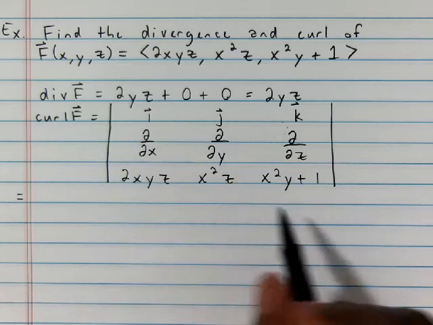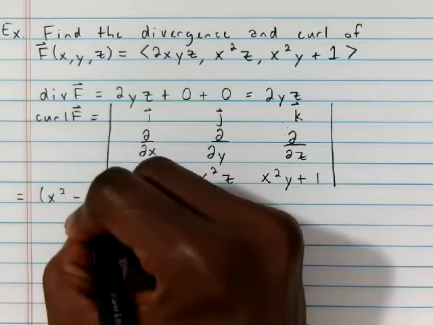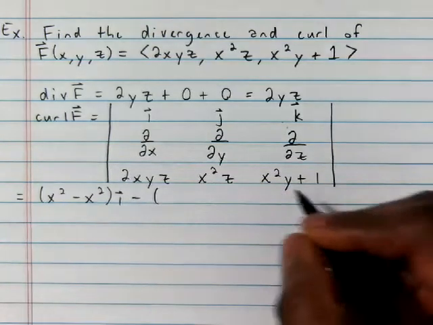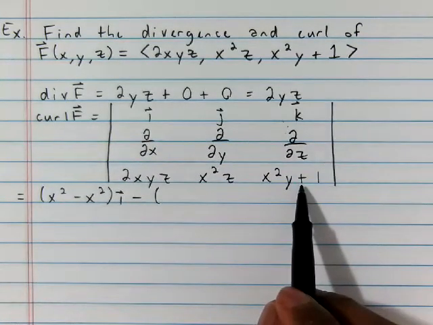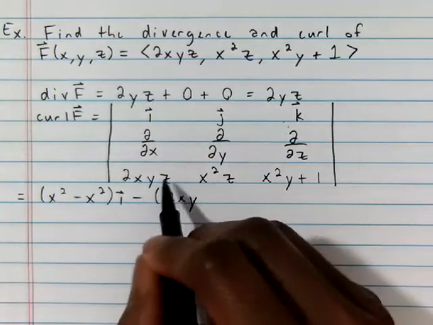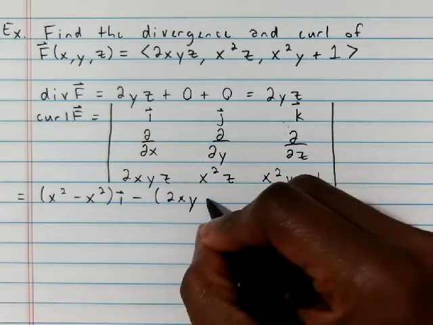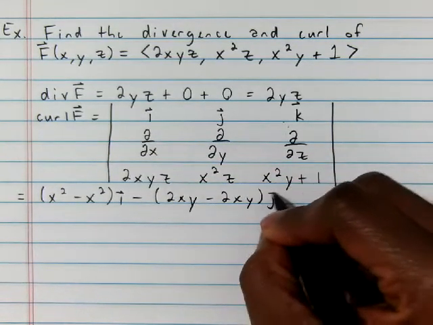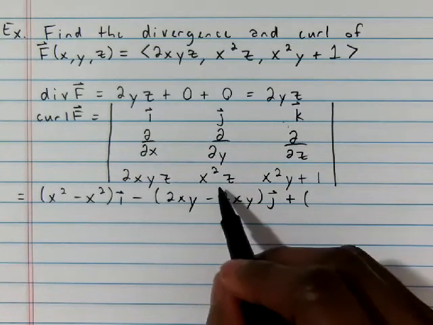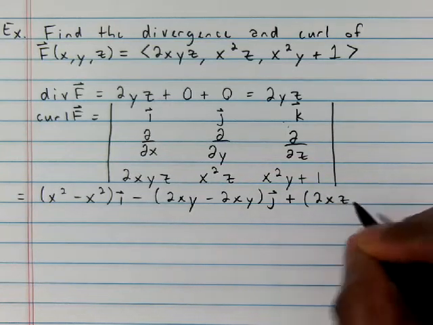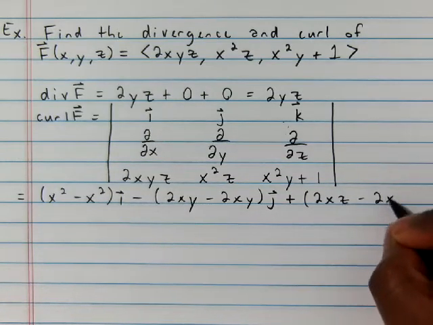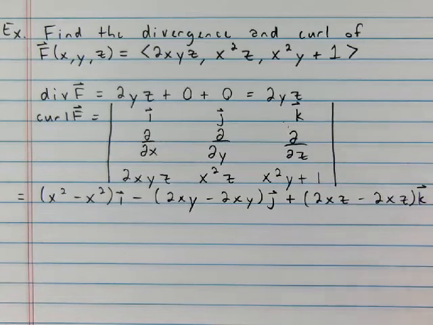So we're going to get x squared minus x squared in the i direction, and then minus sign for our j component, and the partial of this with respect to x is 2xy minus the partial of this with respect to z, which is also 2xy in the j direction, and plus, now the partial of this with respect to x is 2xz minus the partial of this with respect to y, which is 2xz in the k direction.